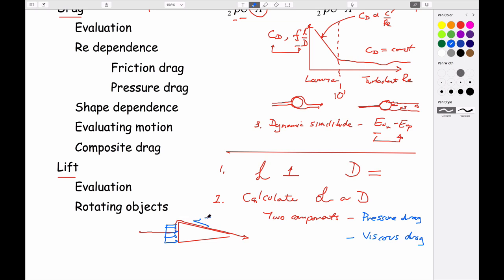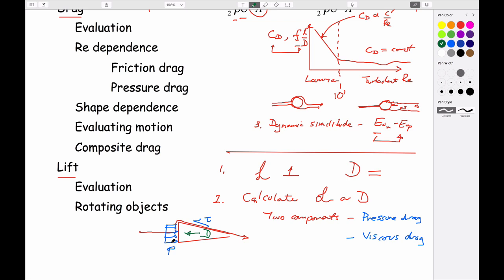So this shear stress here is due to viscosity, and this is due to the magnitude of pressure that's applied on this face. So clearly there are two components contributing to the force that you have to apply to overcome this, and we need to realize that that's the case.